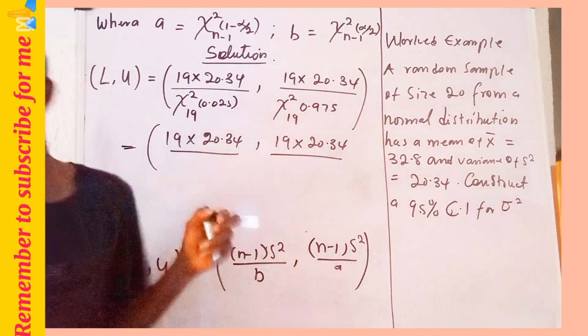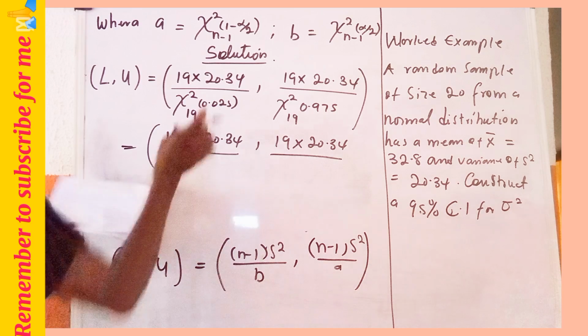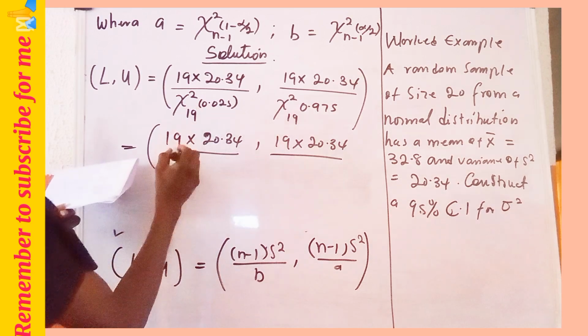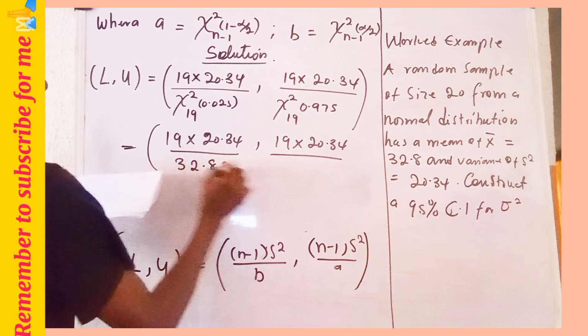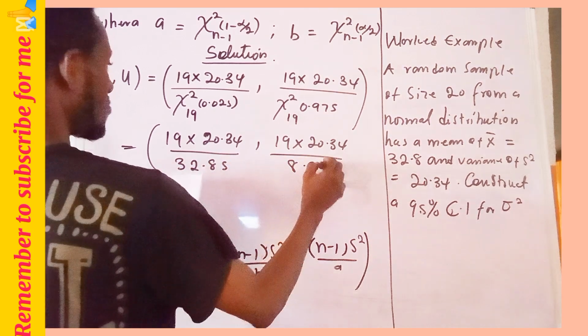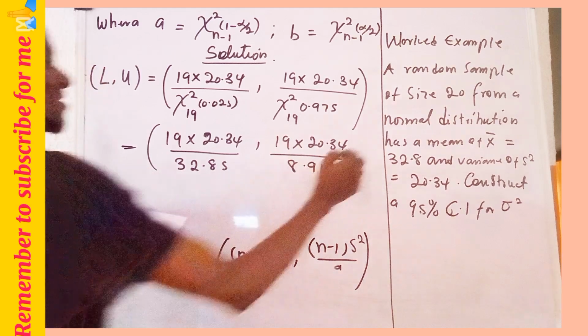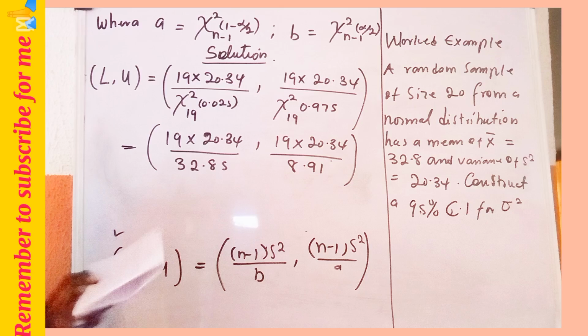Let me call the values because they have been provided. The value of this one is given as 32.85, and the value of this one is given as 8.91.